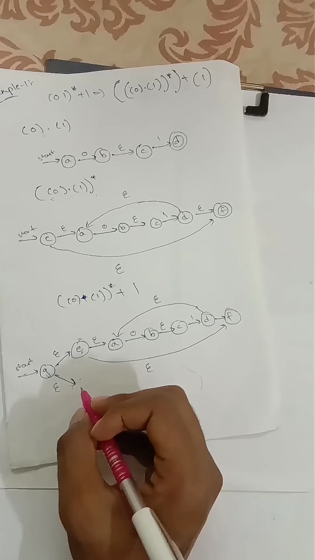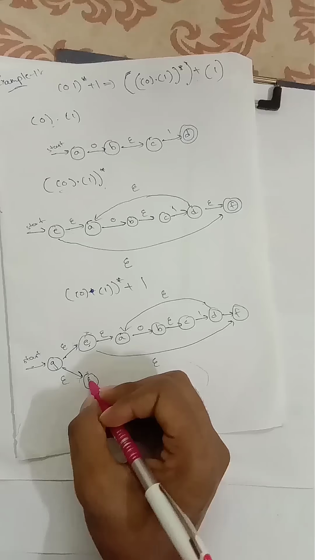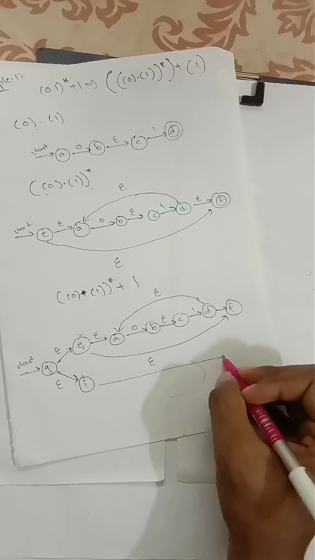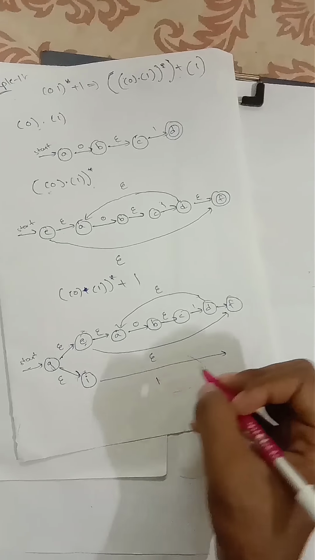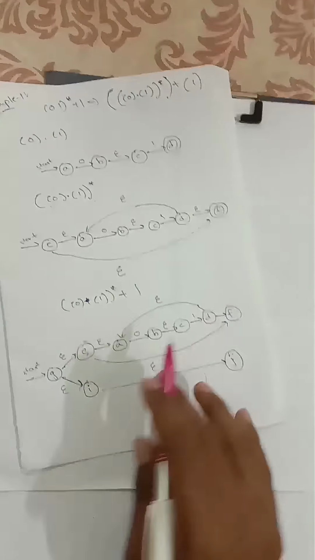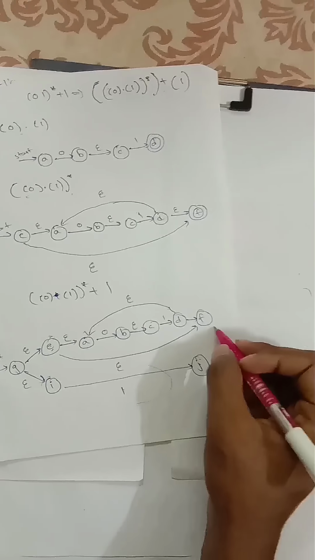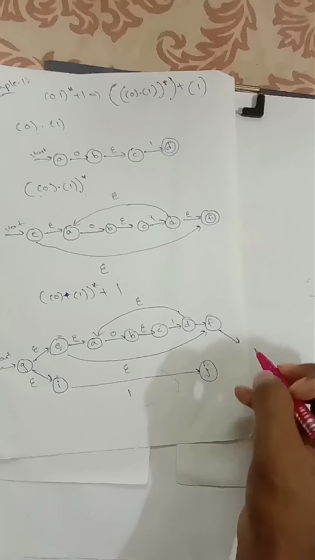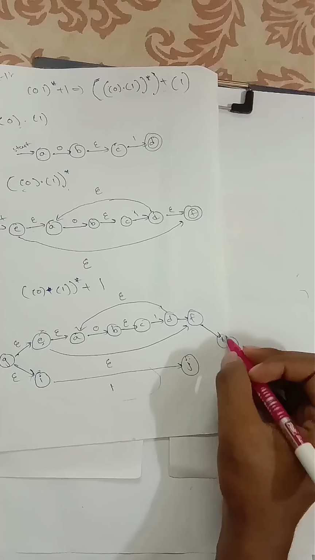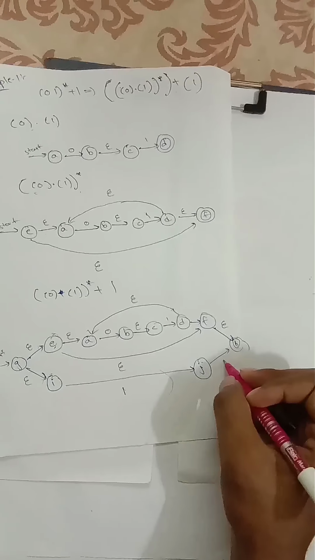Now draw an automata for 1. Take starting state as I and final state as J for automata 1. Now for union operation, take final state as H with epsilon transitions.